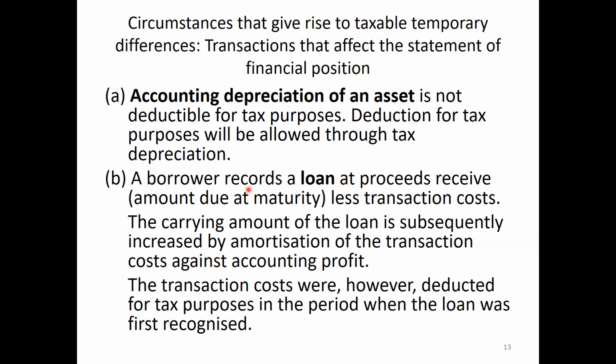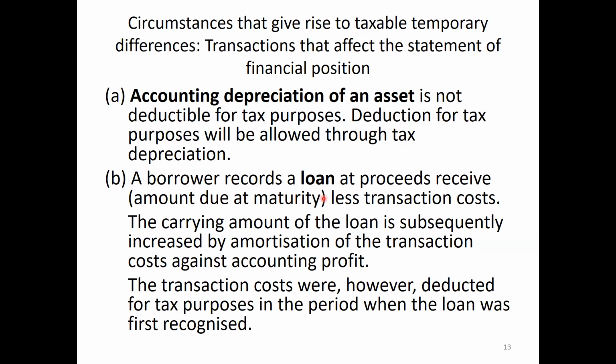So how much we will recognize as a loan, carrying value of the loan in accounting treatment? Definitely 95,000. And this 5,000 will be amortized in the period of the loan usable period. It is decided by the management.